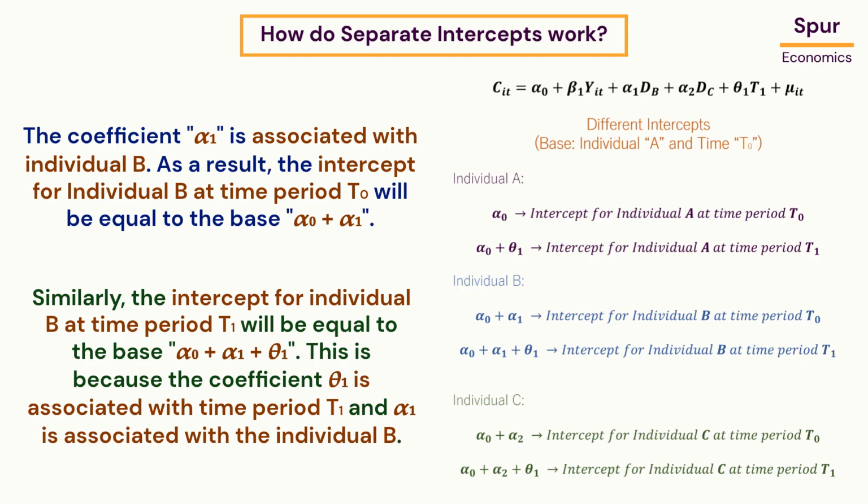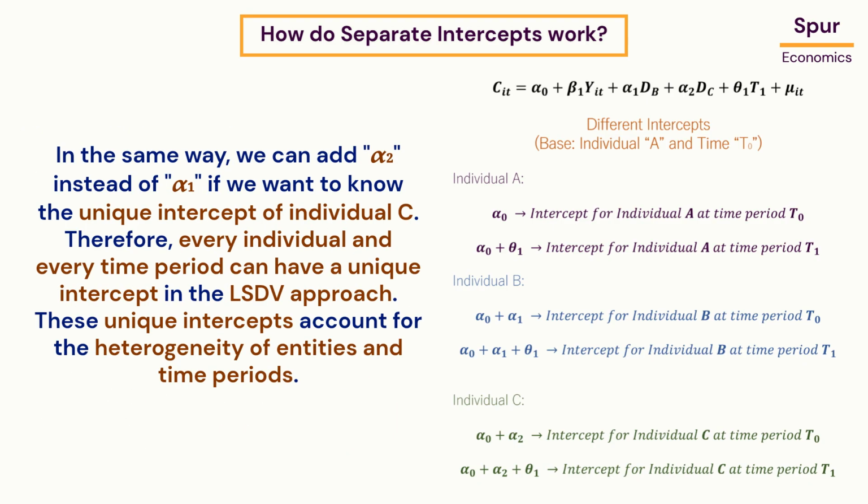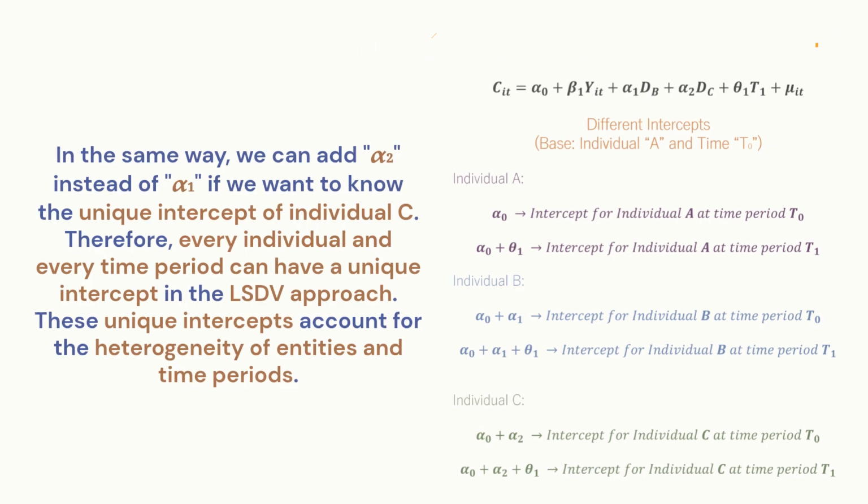This is because the coefficient theta 1 is associated with time period T1 and alpha 1 is associated with individual B. In the same way, we can add alpha 2 instead of alpha 1 if we want to know the unique intercept of individual C. Therefore, every individual and every time period can have a unique intercept in the LSDV approach. These unique intercepts account for the heterogeneity of entities and time periods.